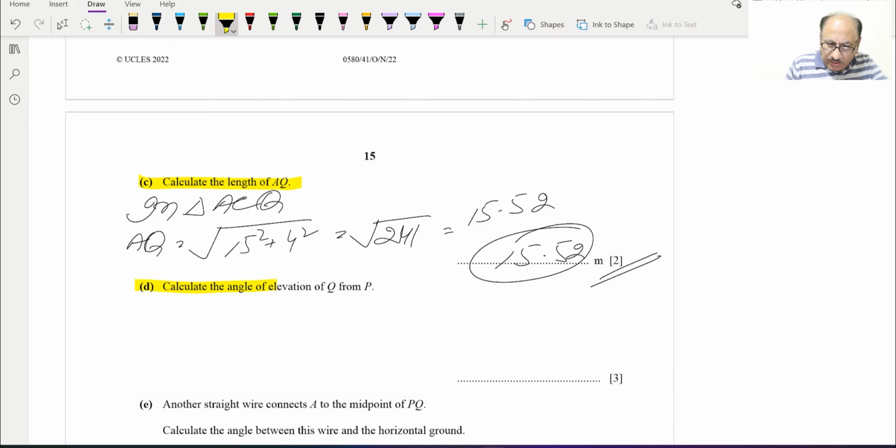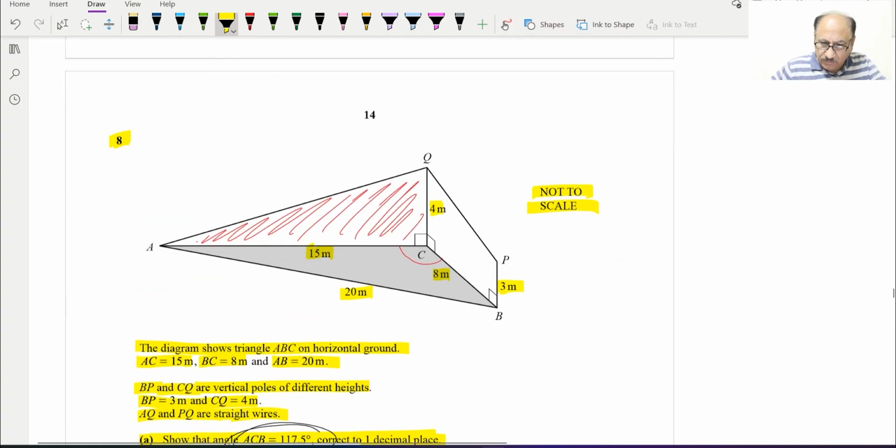D part: calculate the angle of elevation of Q from P. Angle of elevation of Q from P. That we need to check basically.